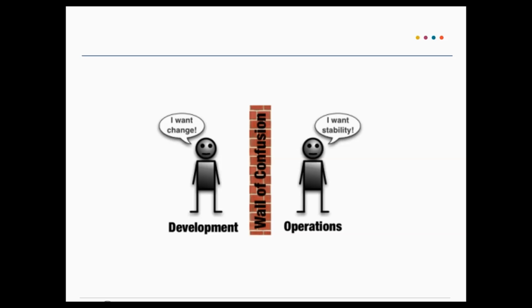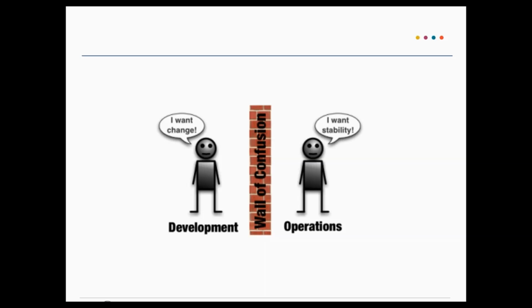If you look at it from the development side, they focus more on the change that they need to implement, and that's where they have the whole intention of that development. Whereas if you look at the operation side, they need stability. Why? Because something is working in production, is stable, and because of the new change or new implementation, it may make that particular application in production unstable.